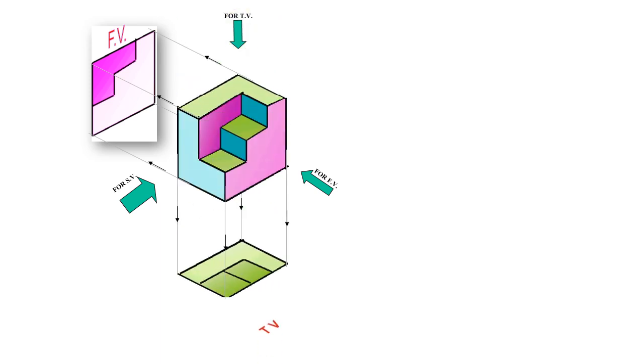Similarly, the top view as well as the side view has also been projected here. Now your objective is to draw these three views, taking a reference line, using freehand without the usage of any accessories.